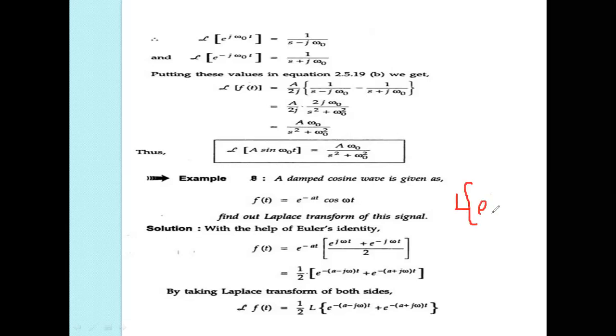You know the Laplace transformation of e power minus at is 1 by s plus a; instead of a here, we use a minus j omega.